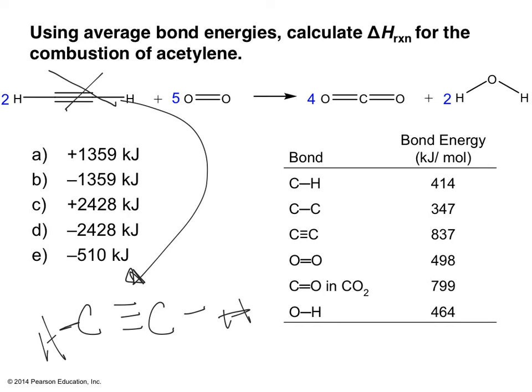What you would do is start one column with bonds broken and another column with bonds made, tally them up, and then subtract bonds made from bonds broken to get the delta H value. If you think you can tackle that, go ahead and try it on your own, but chances are, unless you have some experience in this already, you probably have no idea how to do it. So I will show you how on the next slide.